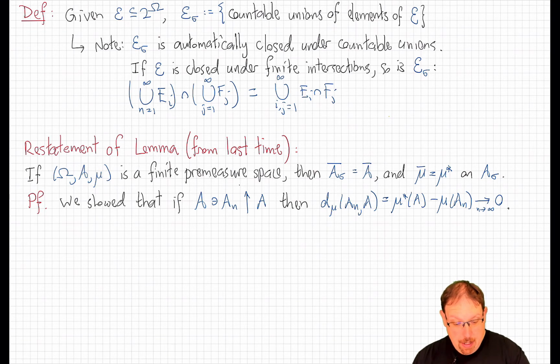Now, if the set E is closed under intersection, then this set will be back in E, and therefore this is a countable union of sets in E, and so it is in E sigma.